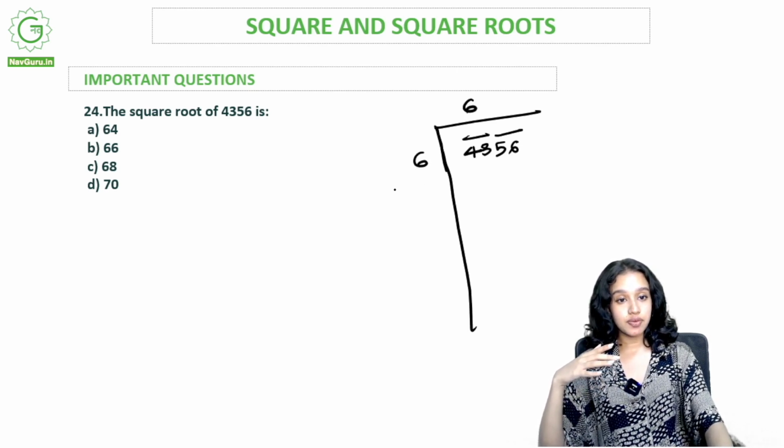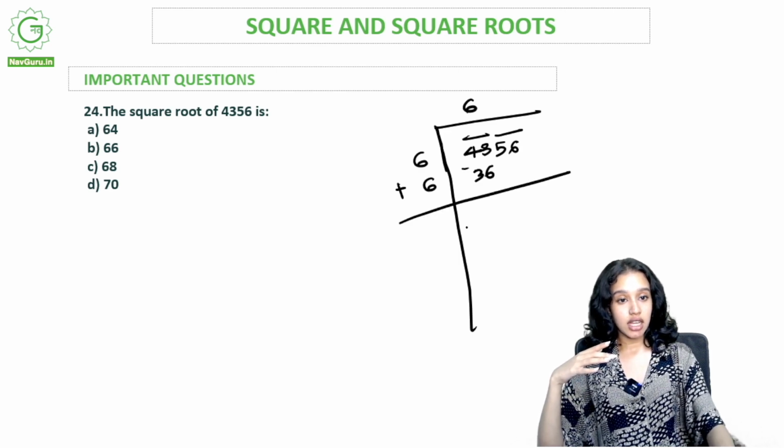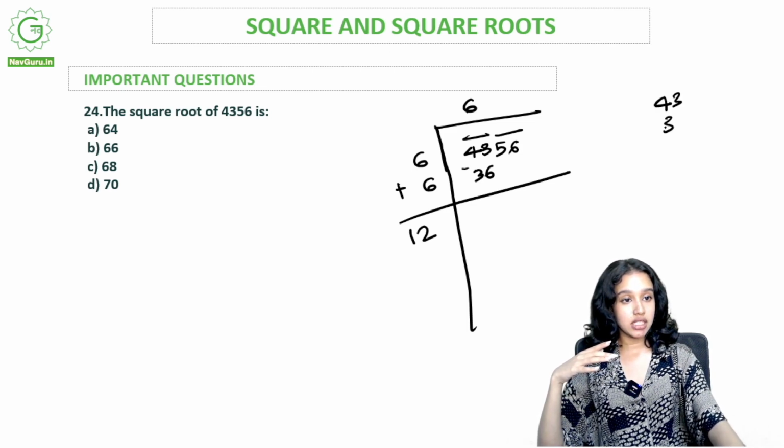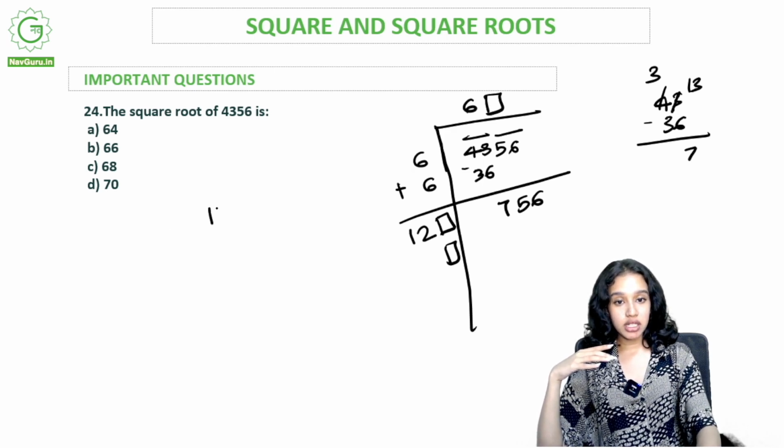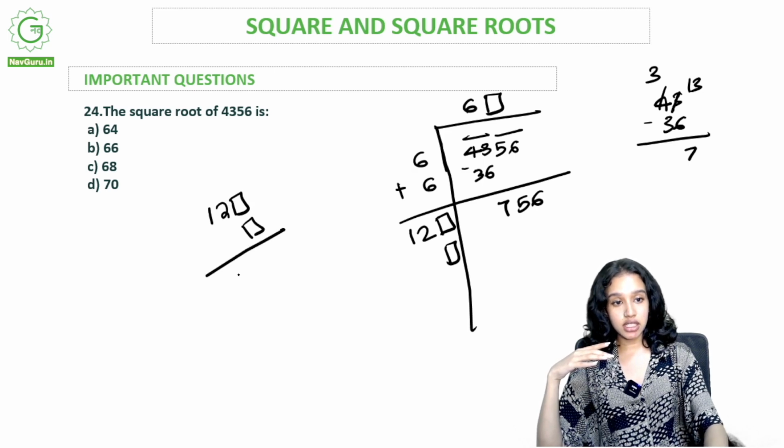We put 6 here, we add 6, we subtract 36, and here we get 12, and 43 minus 36 is 7. So we got 756 here, and we have a blank spot here and here. So 12 something into something gives us 756.